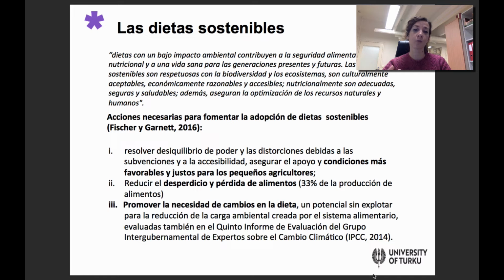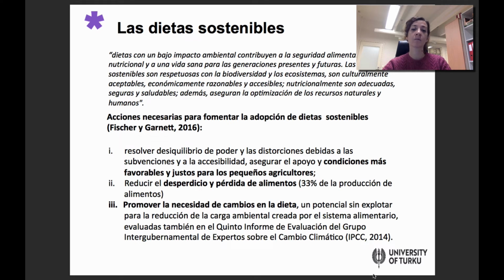So it's not just a waste of food, but also a waste of the resources connected with that food, and also it's necessary to promote this transition to a more sustainable diet, because it influences so much the way that we use our environmental resources.